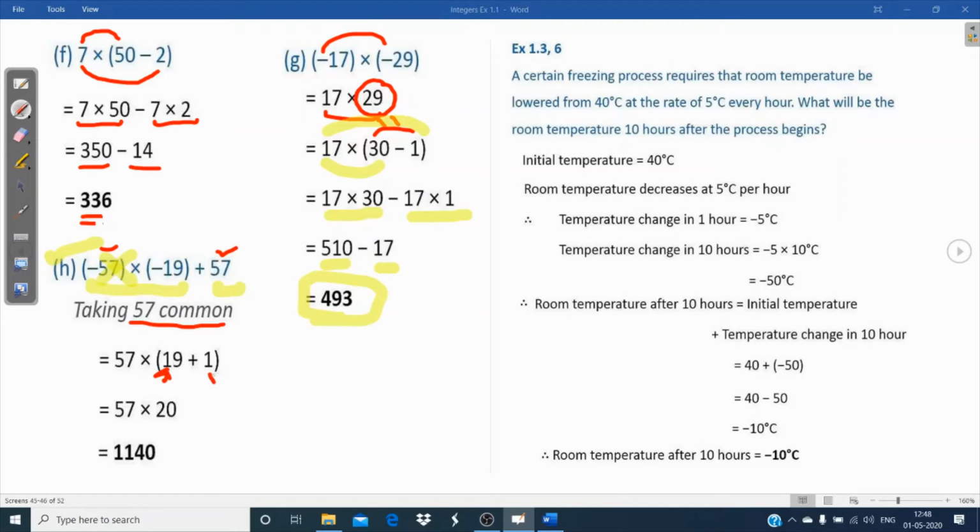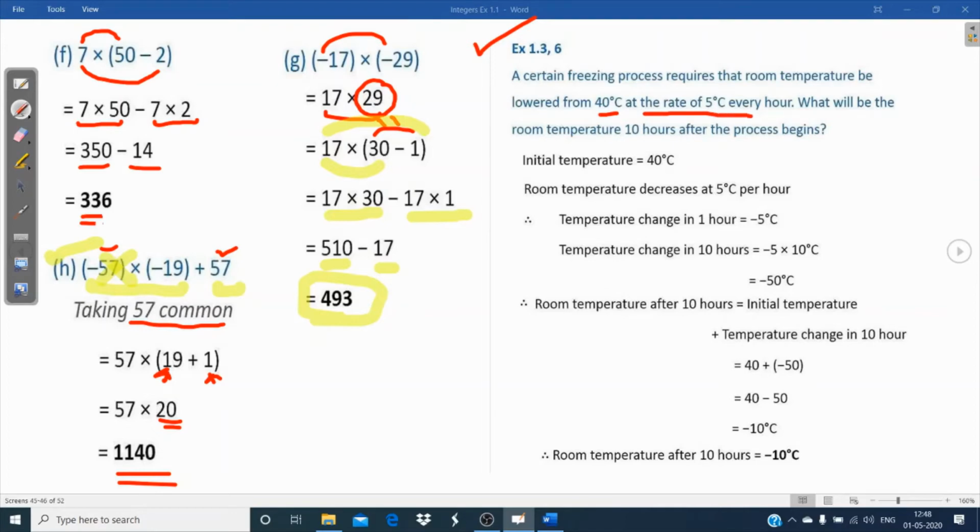That's why here 1. And we have to solve the bracket first. 19 plus 1, what will you get? 20. Then 20 multiplied by 57, 1140.